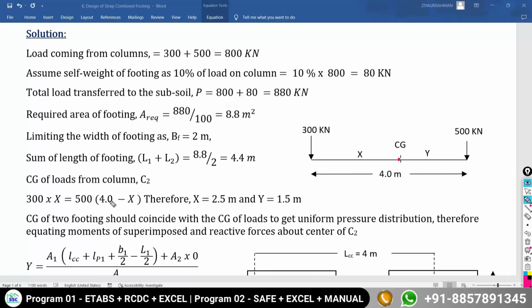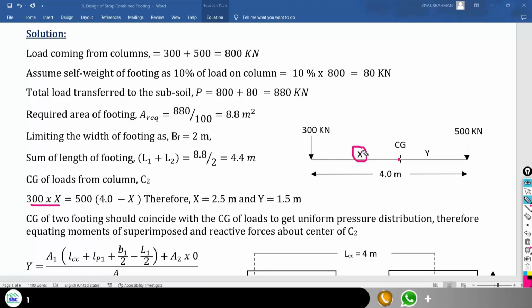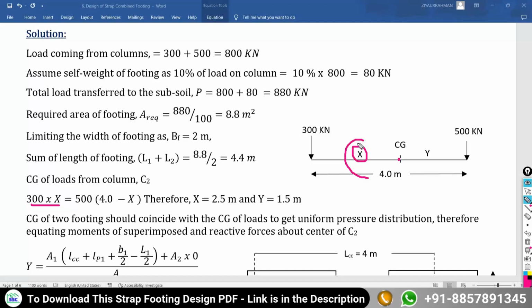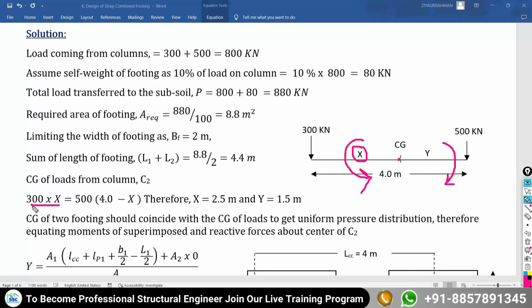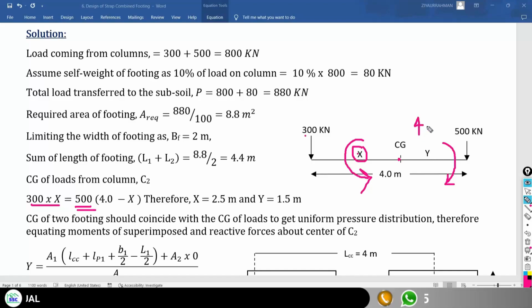It is going to become 300 multiplied by x, which is anti-clockwise, so negative. About this point the 500 kilonewton force gives a positive moment. So negative 300 into x is equal to 500 into y, and this y value is going to become 4 minus x.